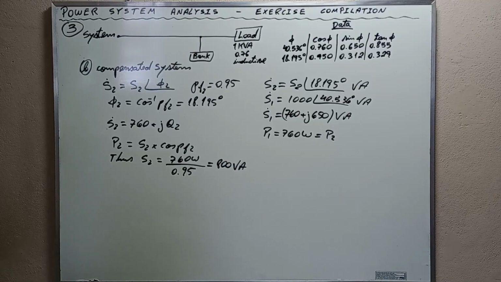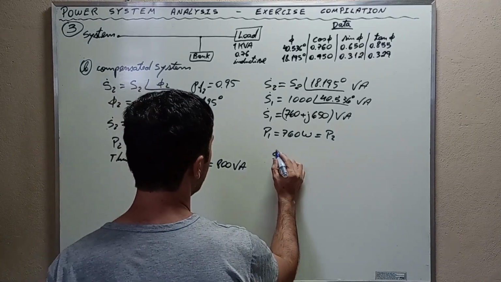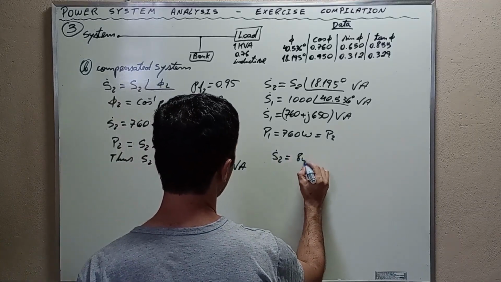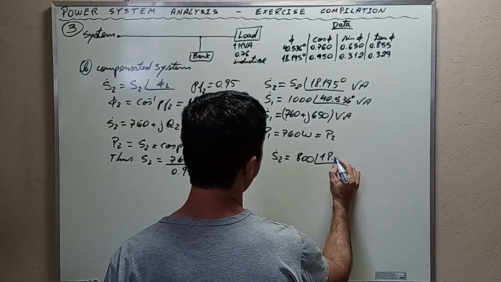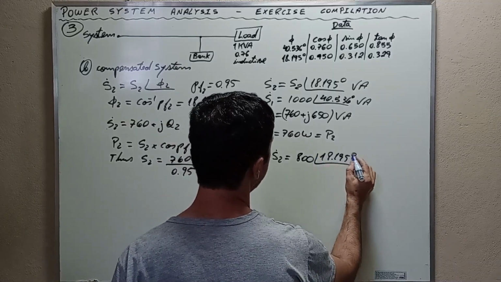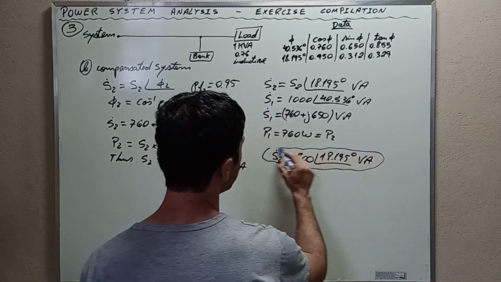Alright. Then we know that S2 is equal to 800 phase 18.195 degrees volt ampere. Okay? We already know this.